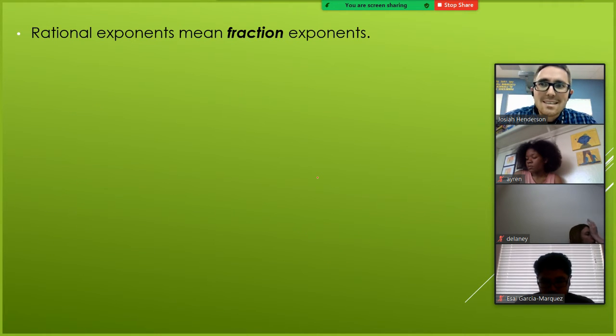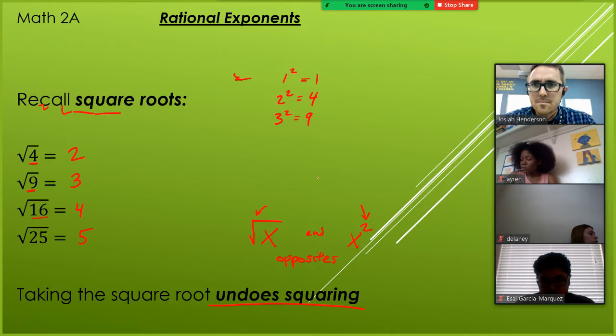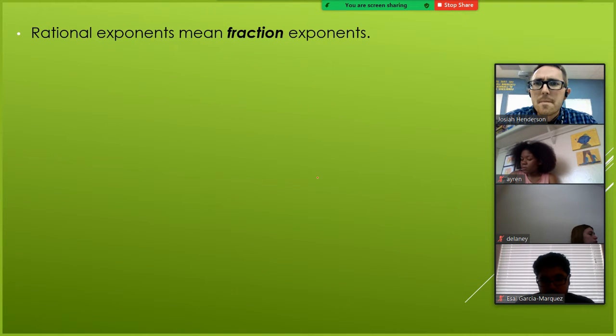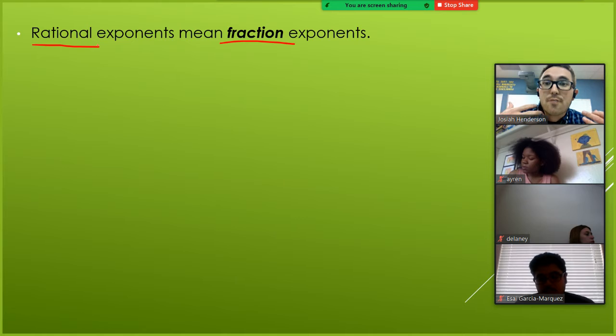Now, the topic today is called rational exponents. What that means is fraction exponents. Rational numbers is just another fancy math word that means fractions. Anytime you see rational numbers, what we mean is something that can be written as a fraction. So today we're working with exponents that are a fraction itself.